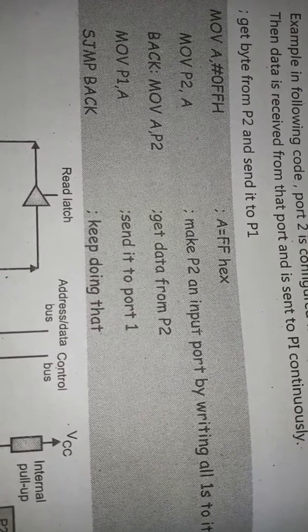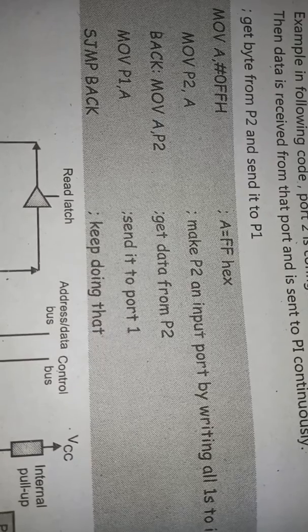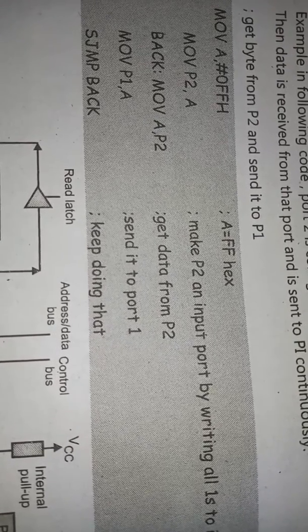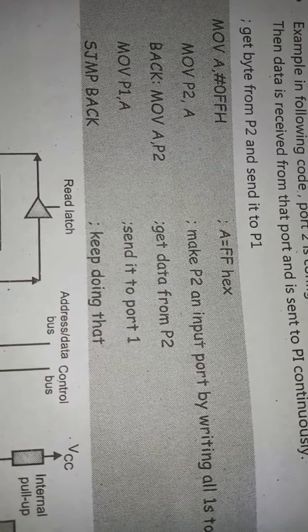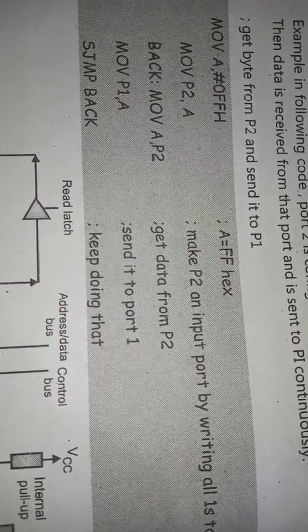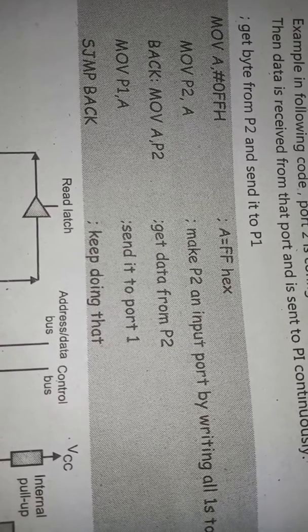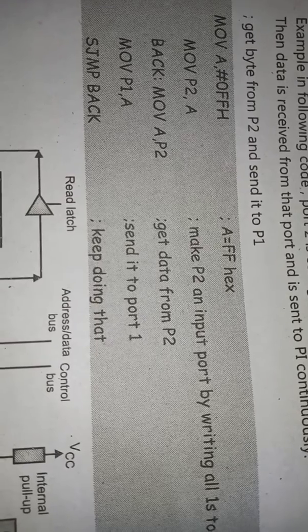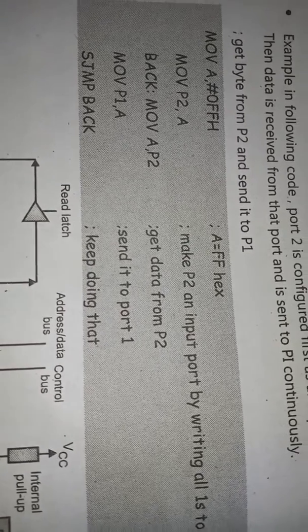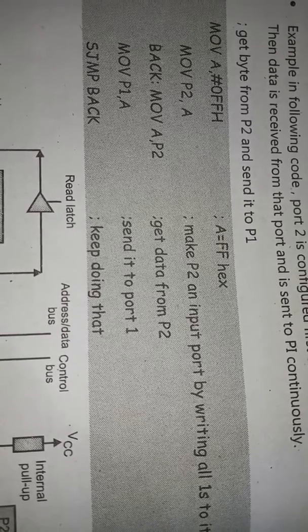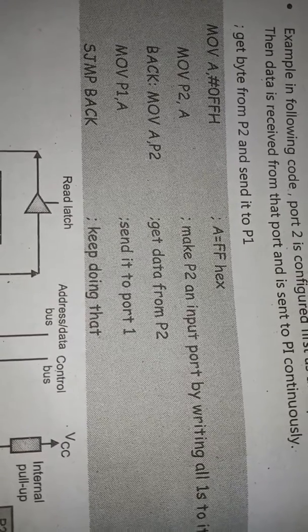Now we have 0FFH data in P2 as well as in the accumulator. So now we are interested in sending that 0FFH data to P1. We need to use the instruction MOV P1, A. By using this instruction, that 0FFH data is sent to P1, and after that this process should be in continuous mode.